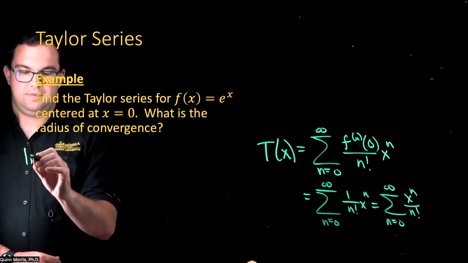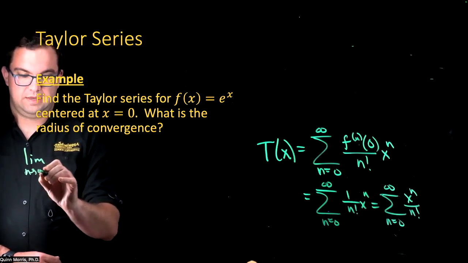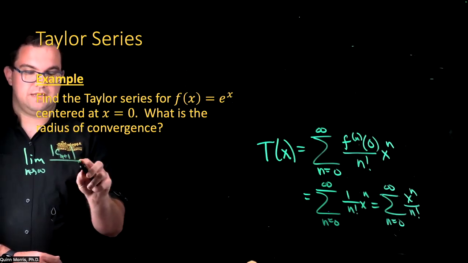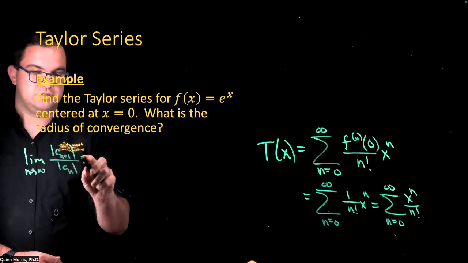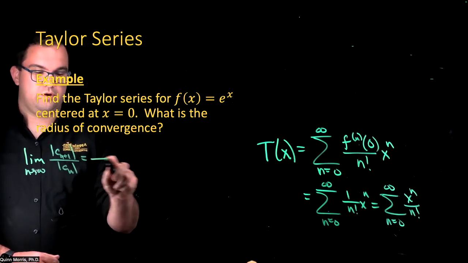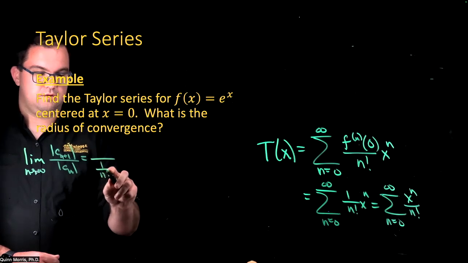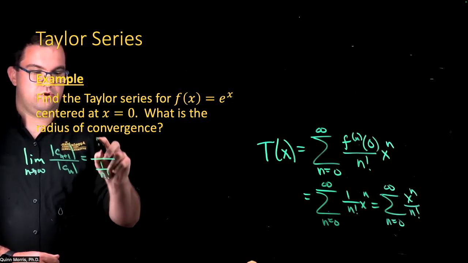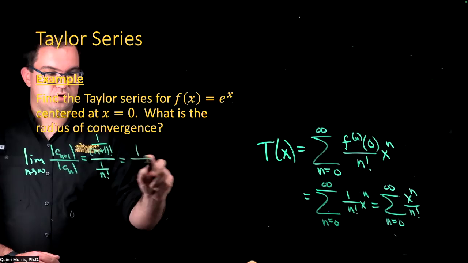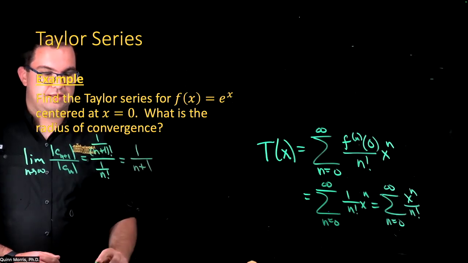Okay. So a quick calculation here. If I look at the limit as n goes to infinity, remember for power series, I'll just look at the ratio of the coefficients. So the coefficient here is 1 over n factorial. So this would be, in the denominator 1 over n factorial, and the numerator 1 over n plus 1 factorial. That's all going to simplify to 1 over n.